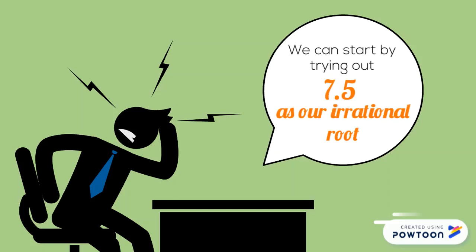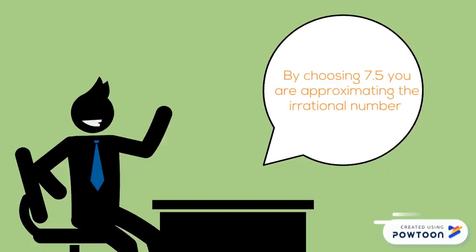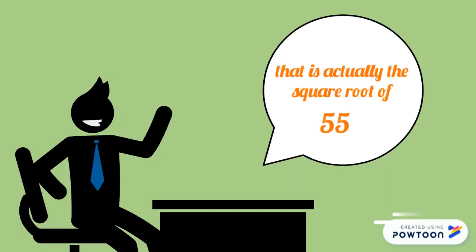We can try starting off with 7.5 as our irrational root. So 7.5 times 7.5 will give you 56.25, approximately 55. By choosing 7.5, you're approximating the irrational number. That is actually the square root of 55.